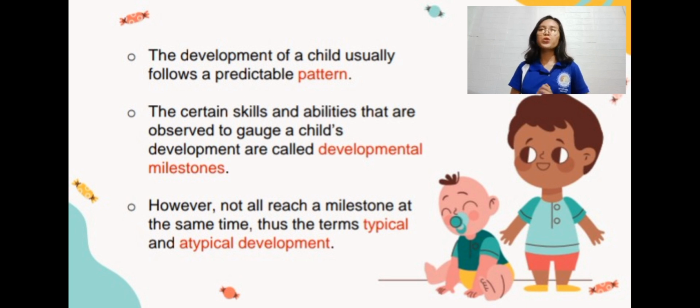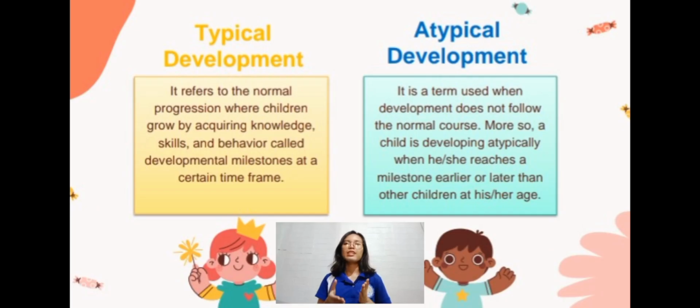Let us define the two terms first before we look further into what makes a child's development typical and atypical. The term typical development refers to the normal progression where children grow by acquiring knowledge, skills, and behavior, called developmental milestones, at a certain time frame.